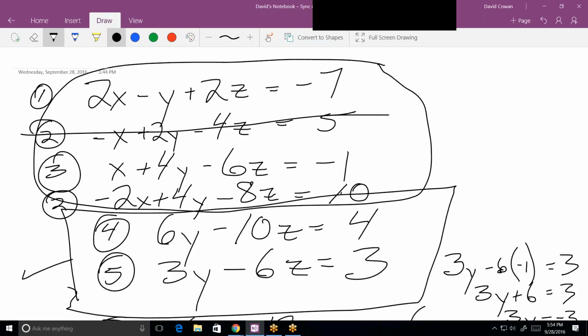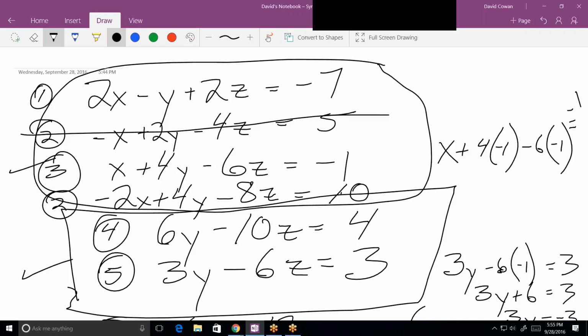For two reasons. First of all, the x has a positive coefficient, plus 1, not minus 1. And all my numbers are relatively small. I got a 4, a minus 6, and a minus 1. Okay, so I'm going to use equation 3, and I get x plus 4 times y was minus 1, minus 6, z was minus 1, and all of that's equal to minus 1.